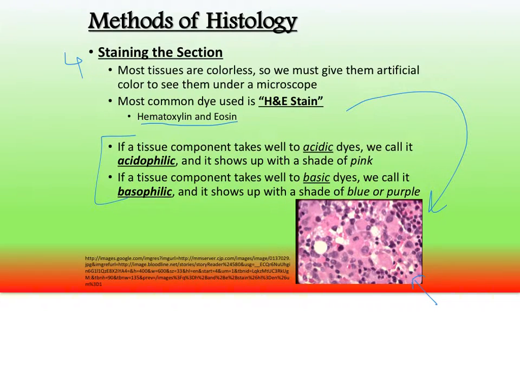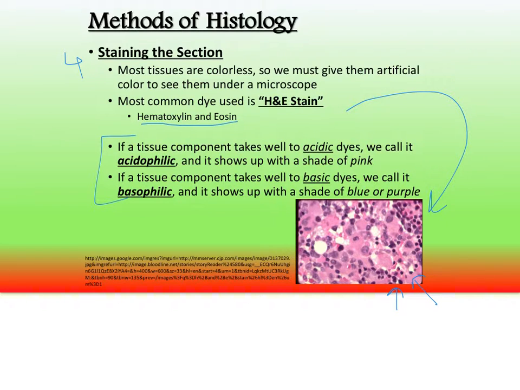But if a tissue component takes up and soaks in the basic dye better, then we say that structure is basophilic, and it dyes a blue or purple color. So the darker circles that you see in this picture are nuclei, and nuclei are very basophilic. They will show up very purple and much darker usually with an H&E stain.